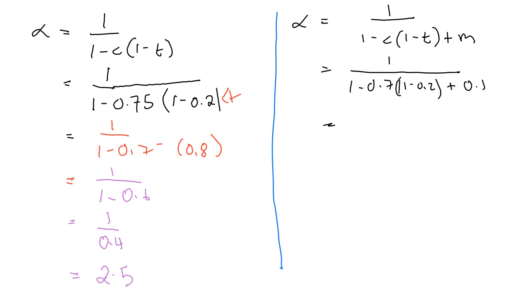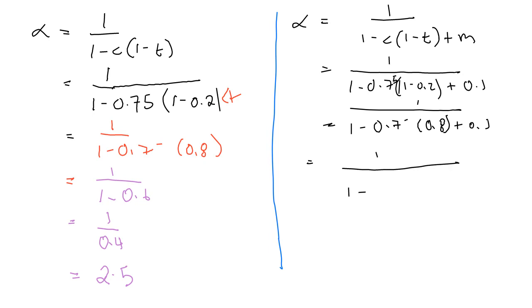All right, then we still work this properly. We start with our brackets first, which is 1 minus 0.75 multiplied by 0.8 plus 0.1. Remember, we've got to always work our brackets first, right? And this will then be 1 over 1 minus 0.6 plus 0.1.